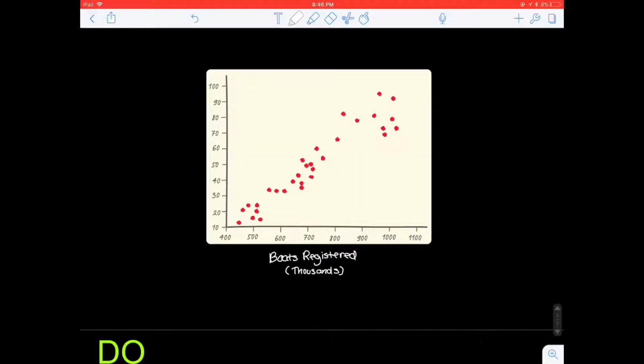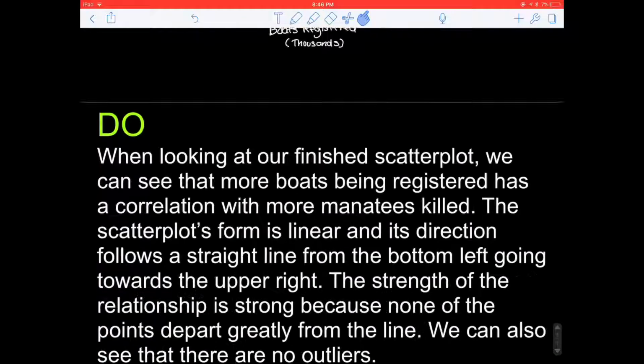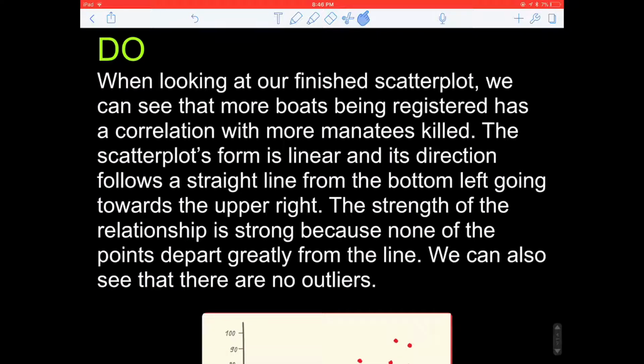And on the y-axis, we're going to have manatees killed. Alright, so now we're going to move on to actually solving our problem.